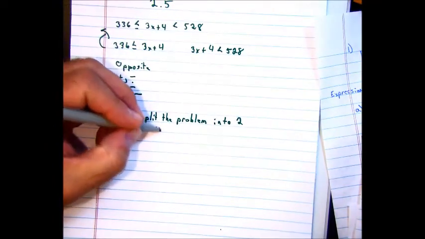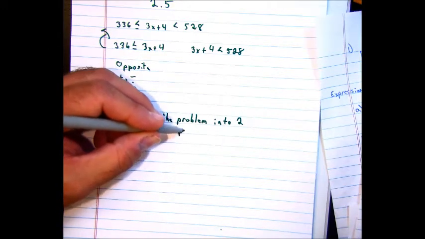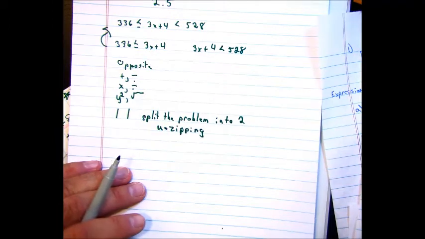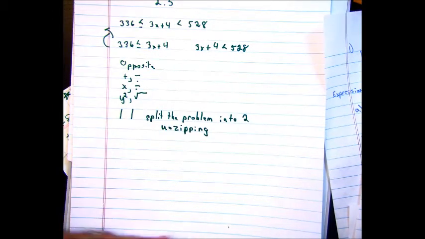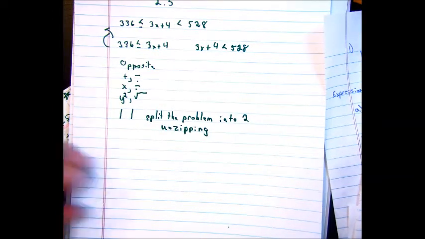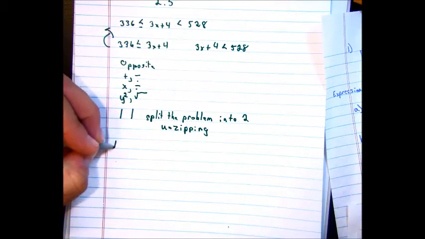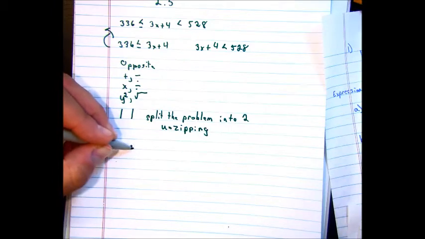And we called this unzipping, because like when you unzip a jacket, it is in two pieces. Okay? But the pieces were the same when you zipped it as when you unzipped it. Hey, same thing with our linear equation. So we start with linear equations that have absolute values.